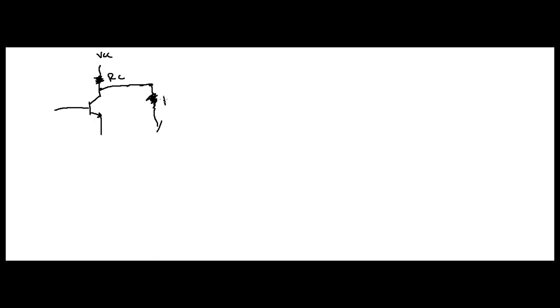And this is RL, that's your load, right? Now we forgot something. If you recall, we have a capacitance right here. And that right there is called your C out, capacitance on your output, Miller. All right?